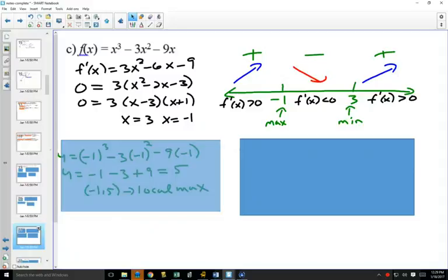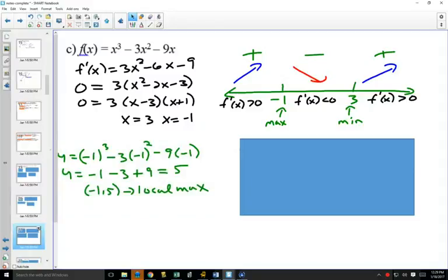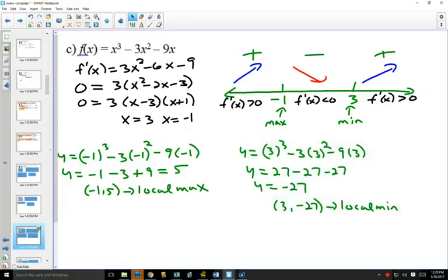And then if we want to find out what those actual points are, those points are on our original function. So we plug those values into our original function and find out that at -1, 5, that's our local max. And at 3, -27, that's our local min.